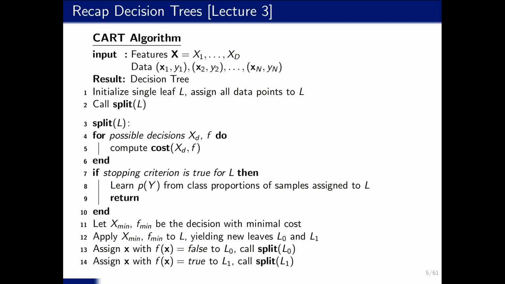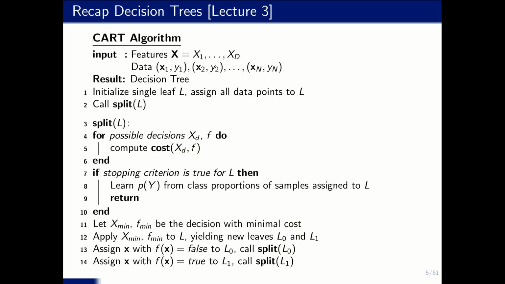The basic learning algorithm of decision trees was the so-called CART algorithm, which is just a greedy, recursive tree-growing algorithm. We start with a single leaf and first assign all the data points to this leaf, and then we sort these data points into sub-leaves. This works by calling a split function on our leaf. First we consider a large set of decisions, all the features and several decision functions, and we compute the so-called cost. Then we go for the decision with the minimal cost.